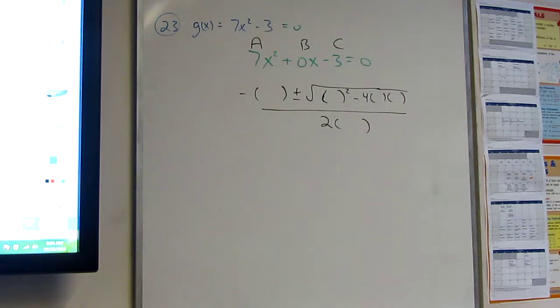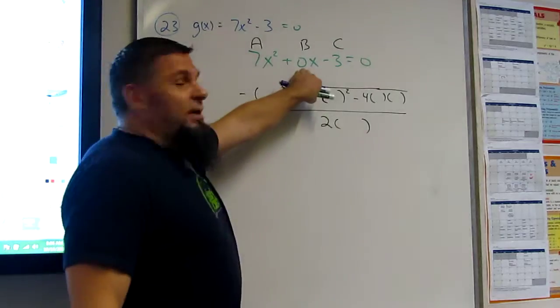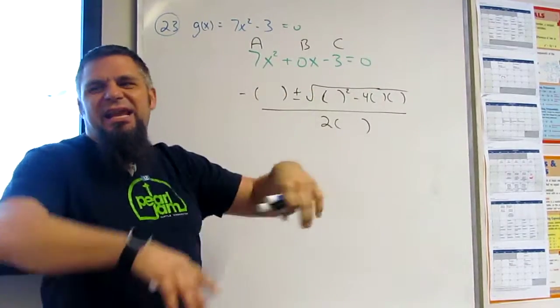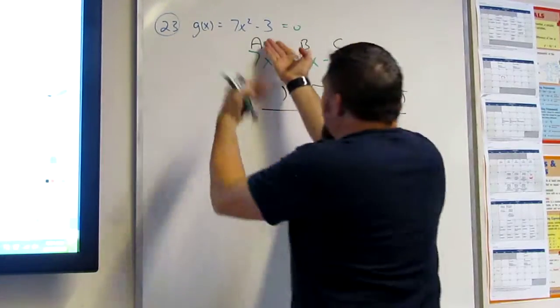No, I can't just add an x and say it's 1x. That would change the formula. That'd be like adding a 4 to it or something. I can't change it. But if I added a 0 to it, then it doesn't matter, right? I'm saying 0x because there's actually an x in there.